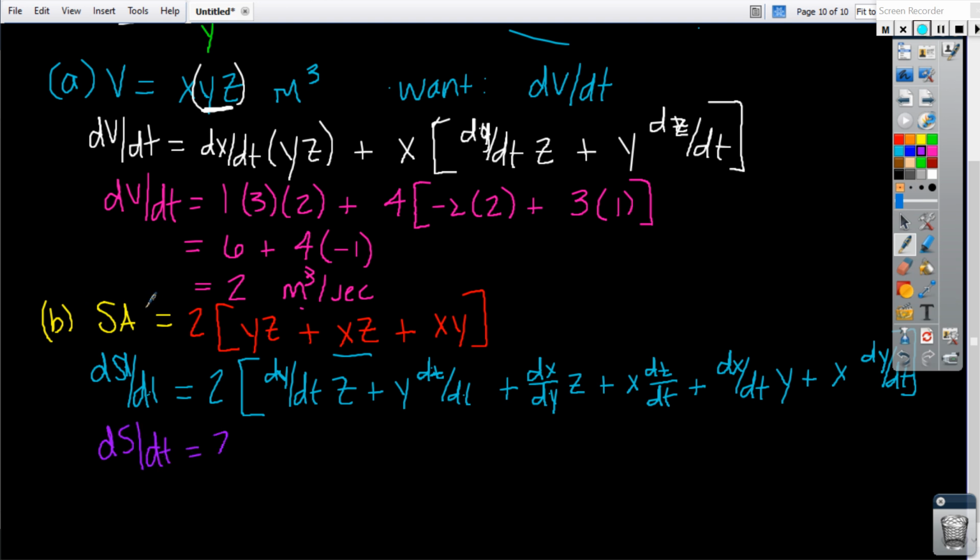So I got 2 times dy/dt from the problem is -2. z, again from the problem, is 2. Plus y is 3. dz/dt is 1. dx/dt is 1.